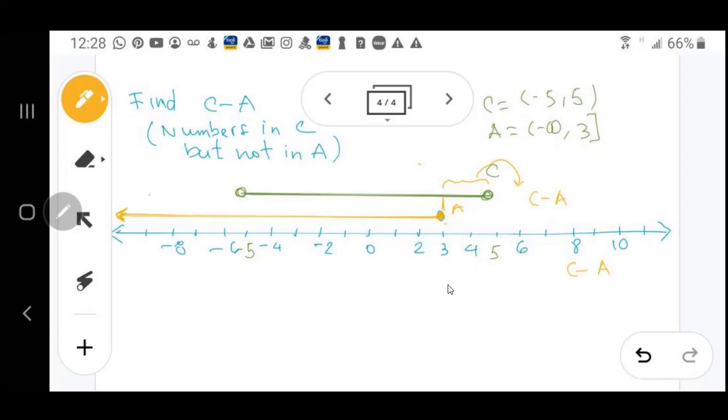Now, let me take care of the following. Should 3 be included in my graph? Let me make a dot. So my interval goes from 3 to 5, and the question at this moment is, should I include 3 or not?